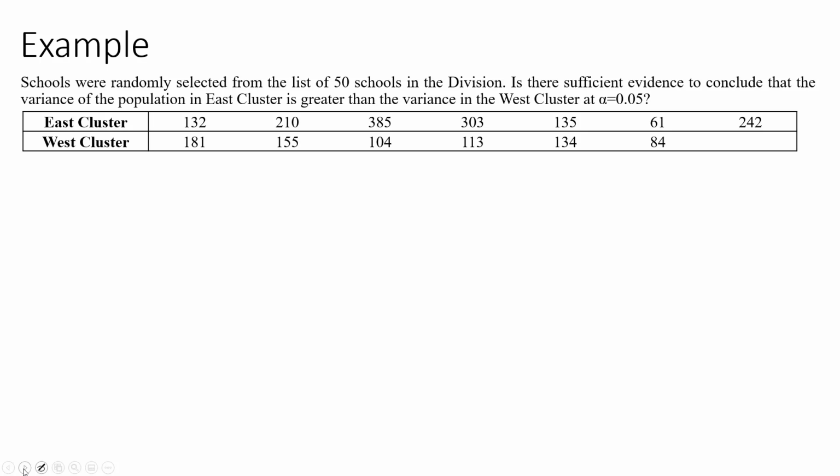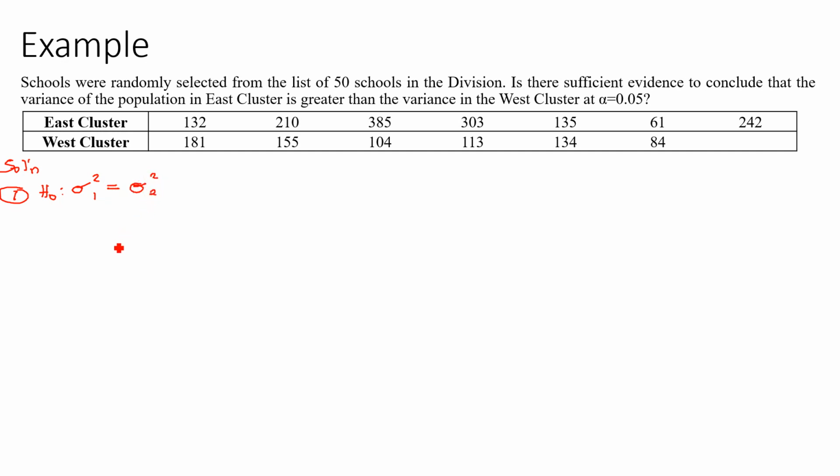If we are going to solve this manually, our step one for our solution would be to state the null and alternative hypothesis. As I have mentioned in the previous slide, our null hypothesis is always that the variance of the East cluster is equal to the variance of the West cluster.